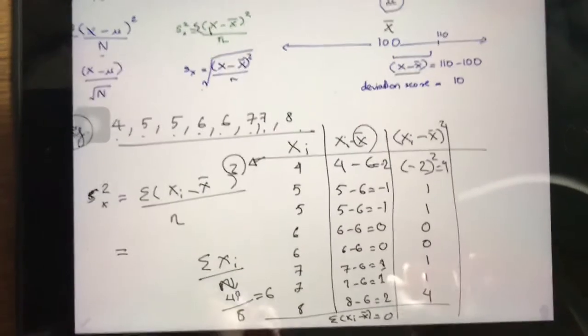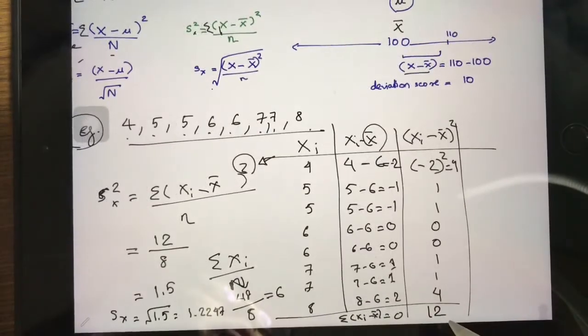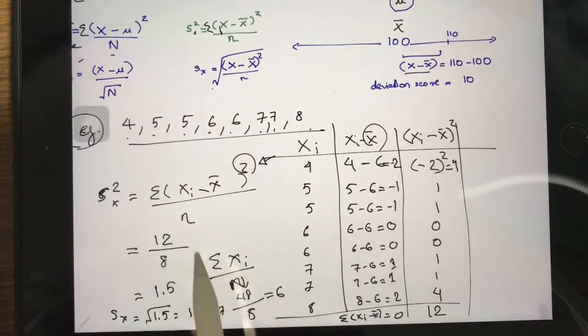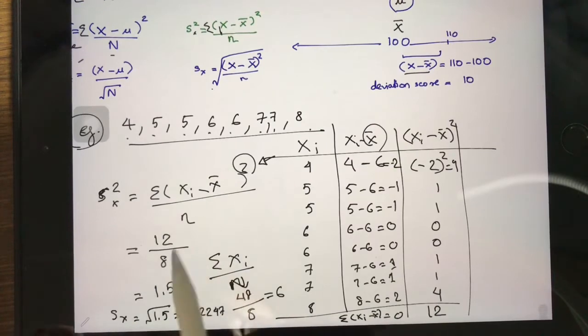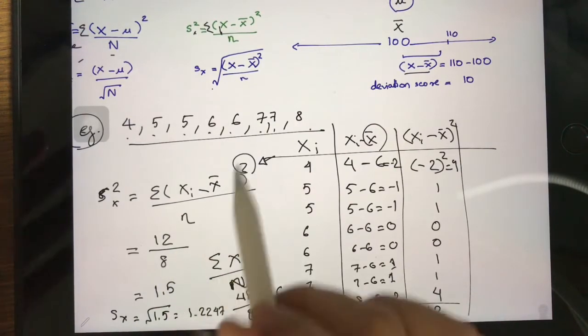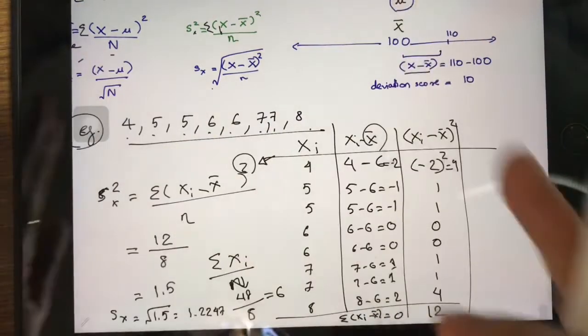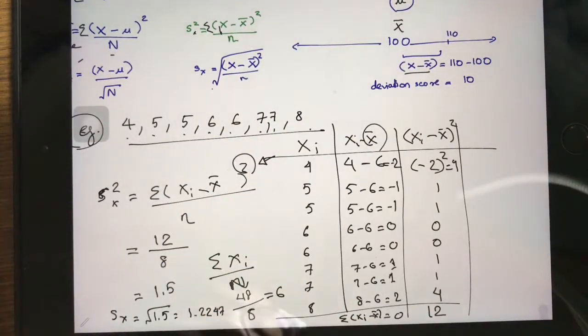I got the sum of squared deviation scores as 12, and then I substitute 12 and 8 into the formula, and I get 1.5 as my variance for the sample. So we can see that the scores vary around 1.5.